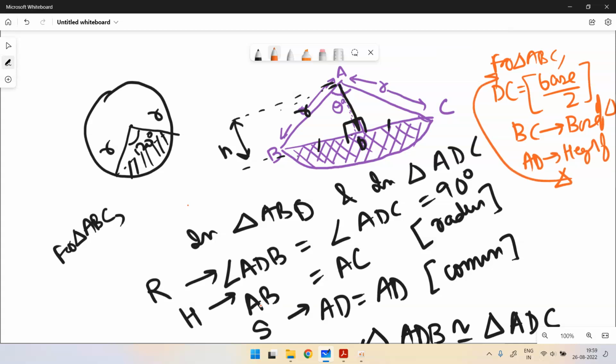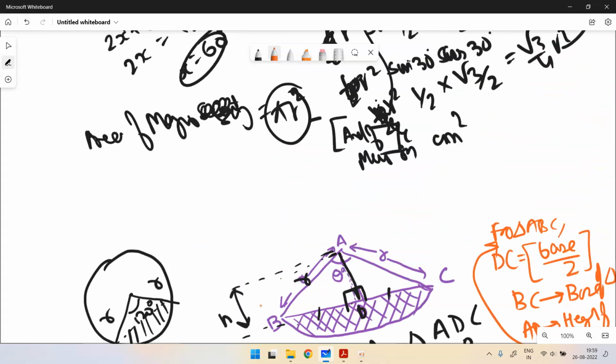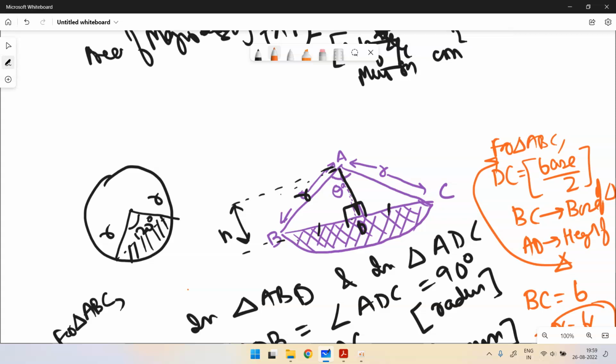I am taking BC as b, which implies that DC will be b by 2, because D is the midpoint.